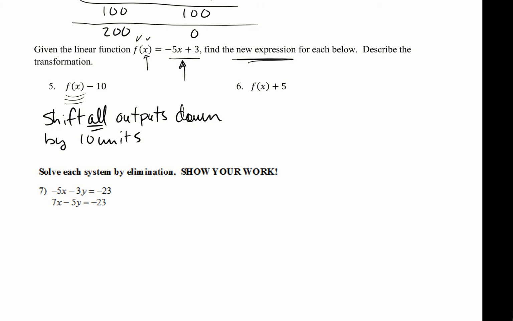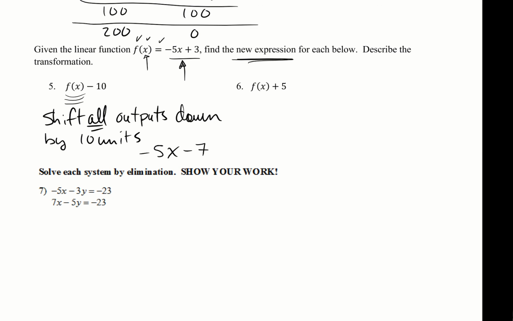This is what the function's taking as an argument. And then it produces the output according to what this expression says. Well, this new expression would now be negative 5x, and I'm taking away 10. So this would now be minus the number 7. Negative 5x minus 7 is the new expression. So there's my description and the new expression. Both of those parts are required as answers.